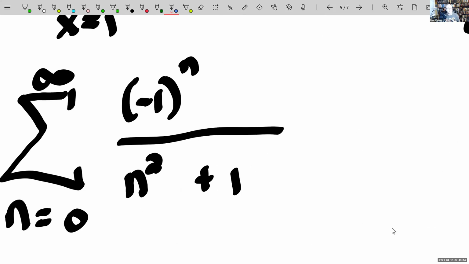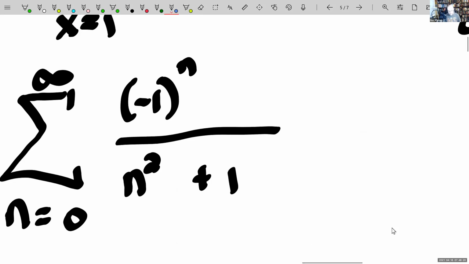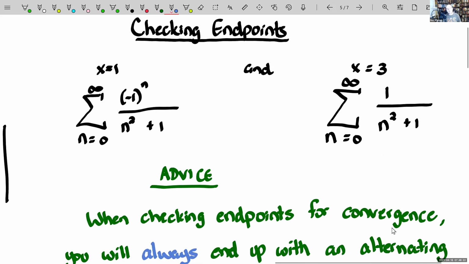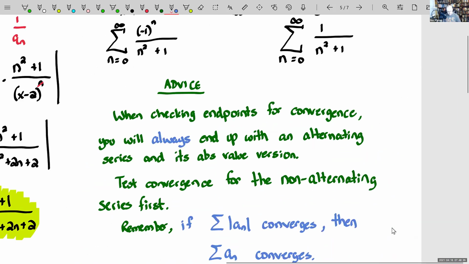But still, I'm okay with risking testing 1 so that I can only test 1, but risking the fact that I might have to test both rather than always testing both. Just test the positive version first. If it converges, both of them will converge. If it diverges, then you also still have to test the alternating one. Okay? So here we go.